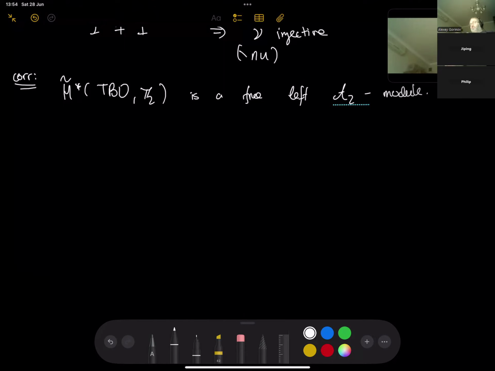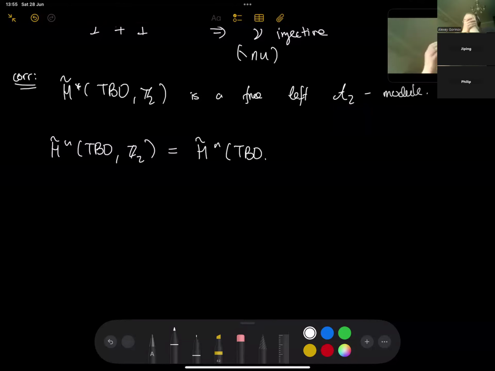So let's look at the pieces. We have H^n of BO, Z2 is the same as H^n of BO_r, Z2 for r greater than n.